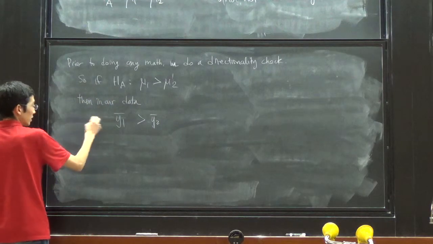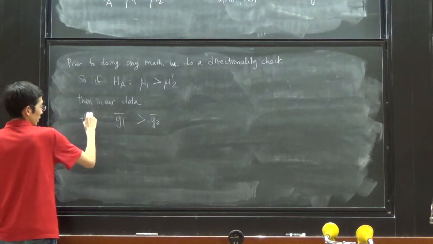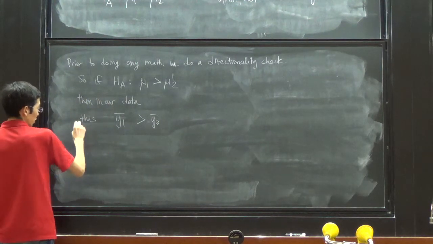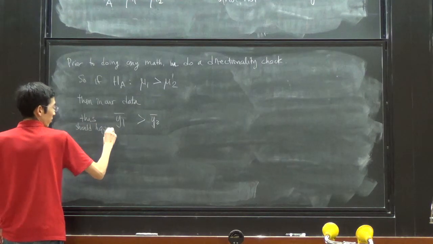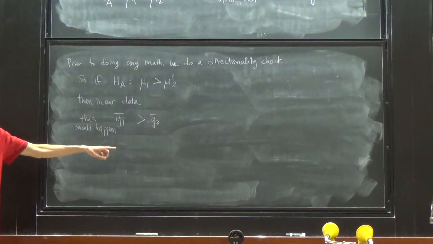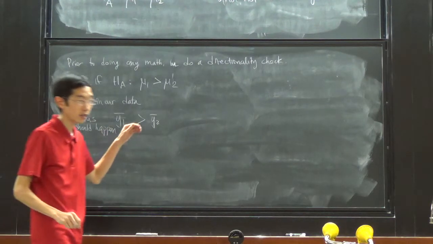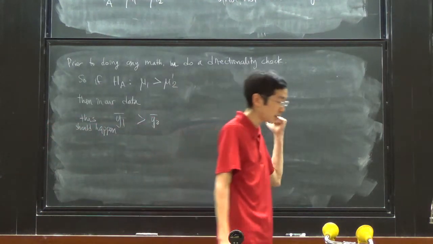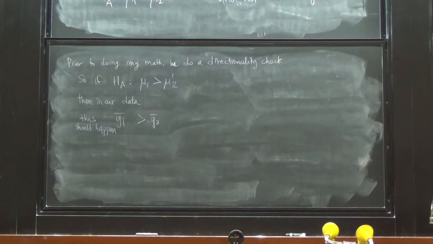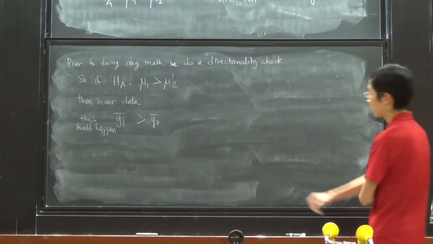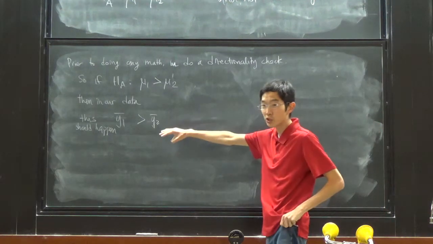So our sample 1 should have a y1 bar that's larger than y2 bar.